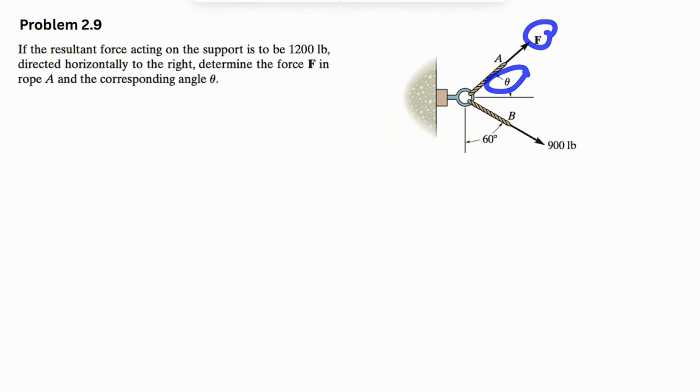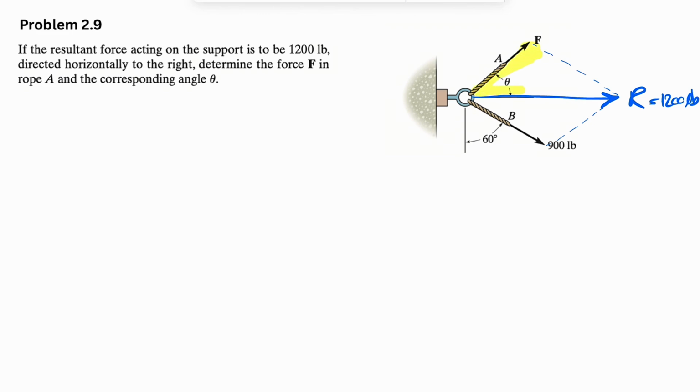So we have two unknowns here, knowing that, again, the resultant of these two forces, if we make that parallelogram, this is going to be our R, which we know has a magnitude of 1,200 pounds, and we have to find the F and the angle theta. So we're going to use trigonometry.